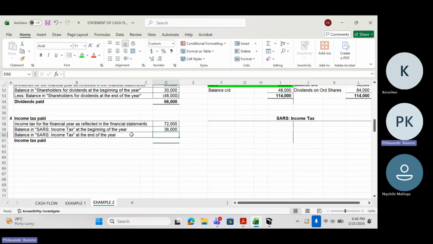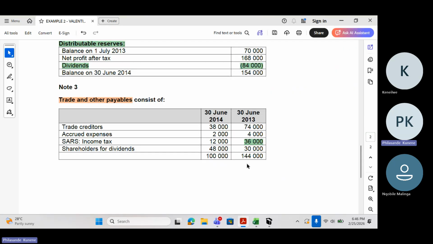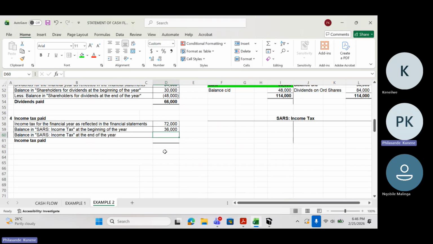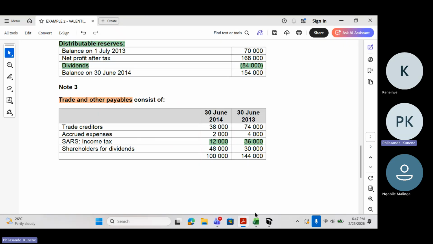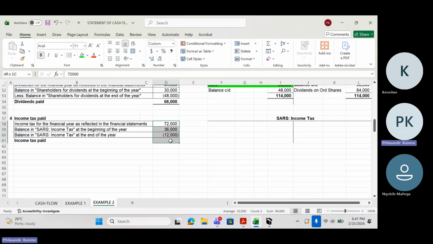And then SARS income tax at the end of the year, how much is that? We have 12,000 rands. Then that's what we're going to say minus 12,000. Okay, that's the amount that we have there. Minus 12,000, then we should be getting our income tax paid, which is 96,000 rands.